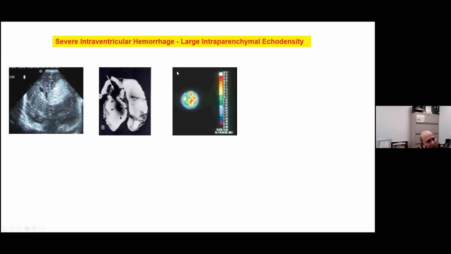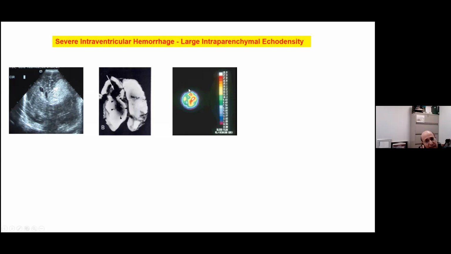Many years ago, we used to study the circulation of the brain using positron emission tomography, which, unless you're doing isotopes in an animal model, is the gold standard. Red and white is the highest blood flow, and blue and green is the lowest blood flow.